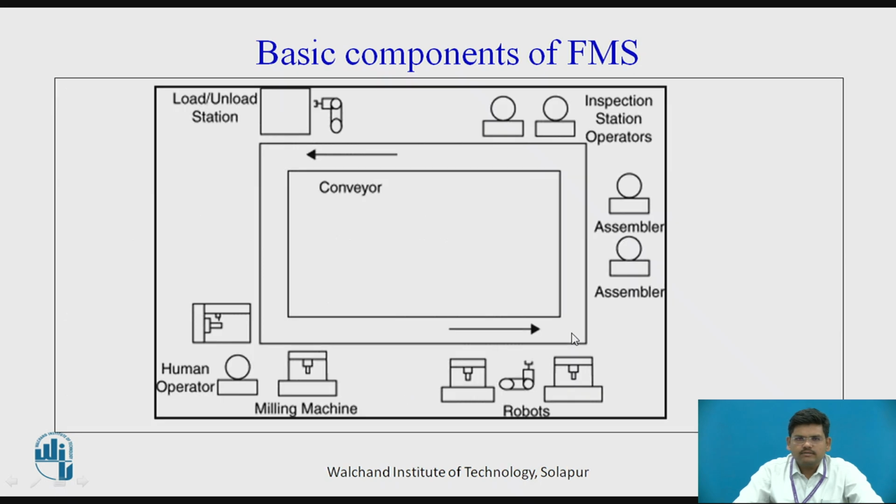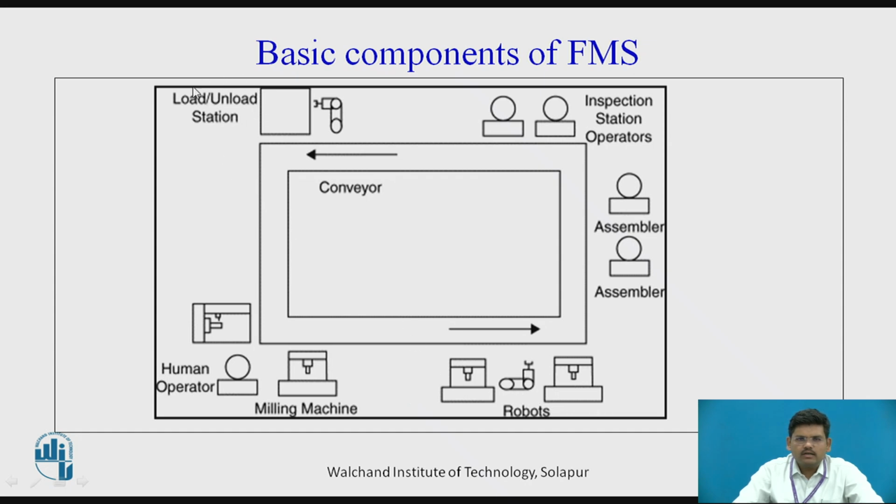We'll see a layout. This is a very typical layout where you can see the transportation system, that is the conveyor. Here you can see the machines where actual operation on the jobs will be carried out. Here you can see a robotic arm to lift the job from the conveyor and place it on the required machine. Near to each machine you will find a robotic arm.